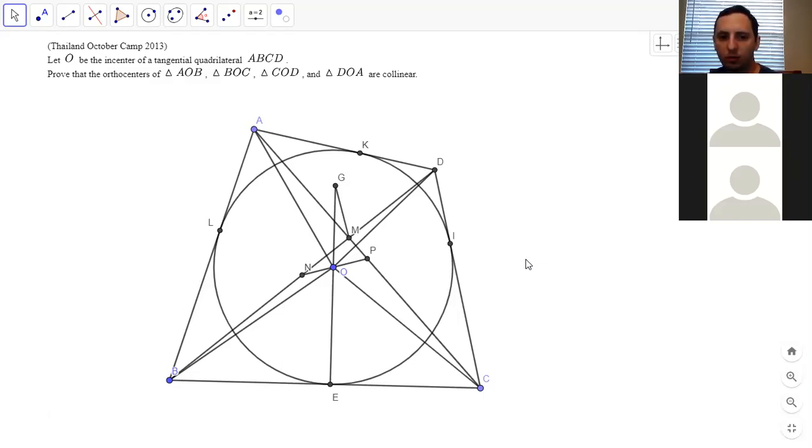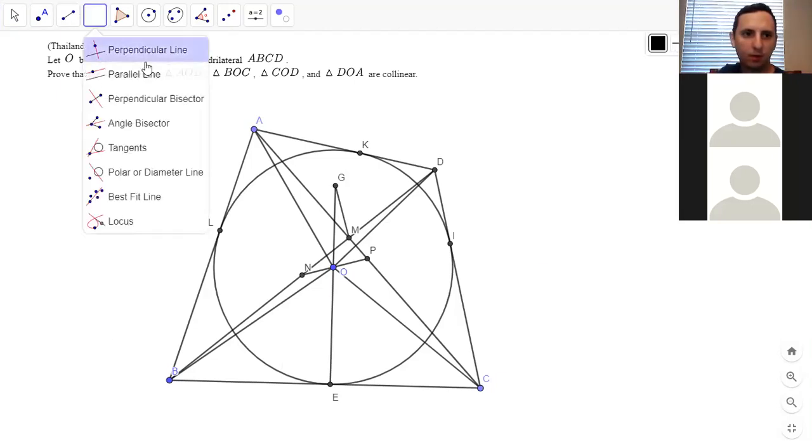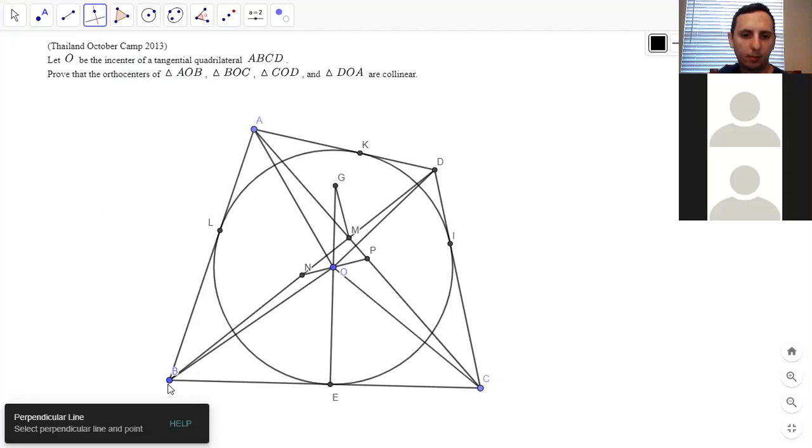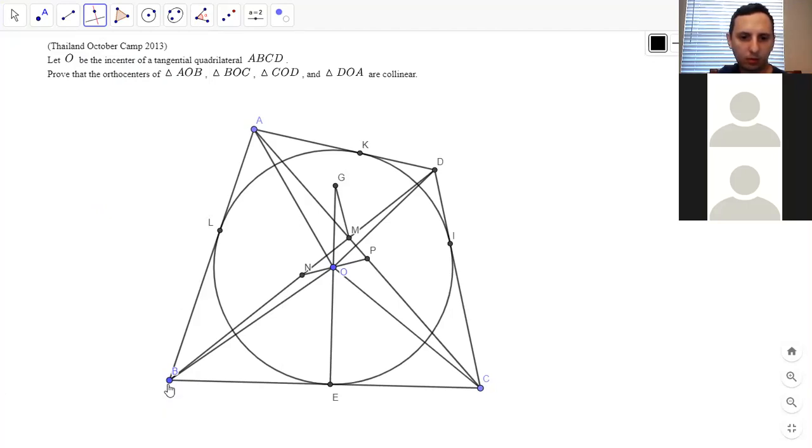Feet of perpendiculars from B and C to GC and GB. Oh, GC and GB. Okay.